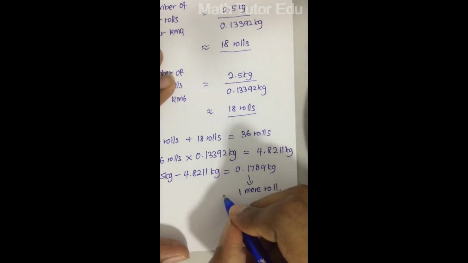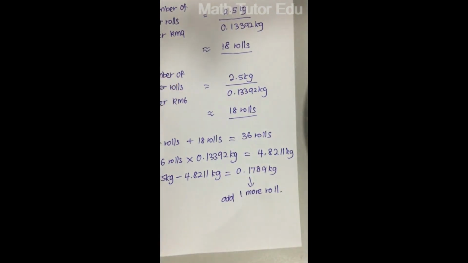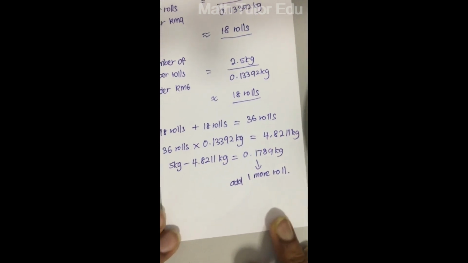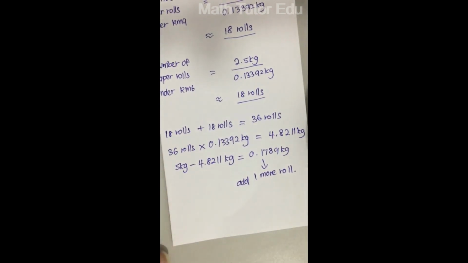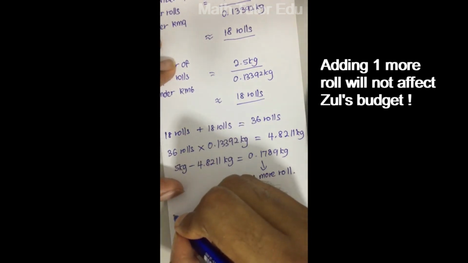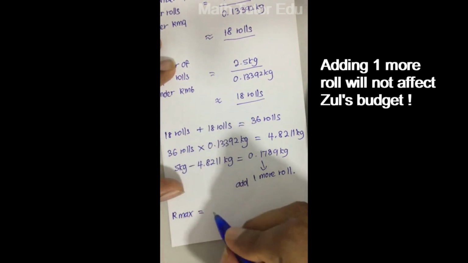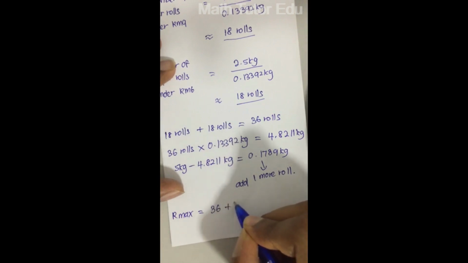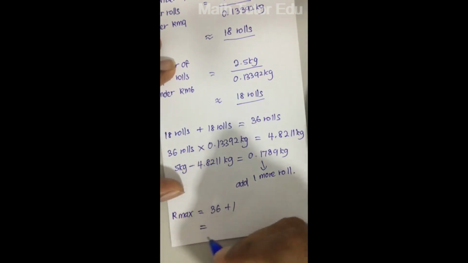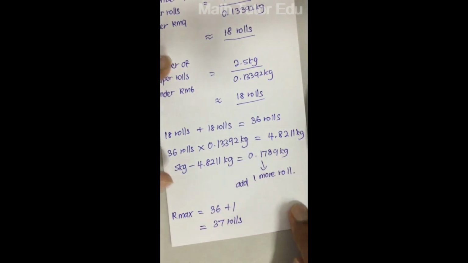Let me clarify to you that adding this one more roll is not going to affect Zol's budget, guys. So from here we are almost into our final working. Maximum roll of paper, R max, is equals to 36 plus 1. So you get your maximum roll of paper that can be sent is equals to 37 rolls.